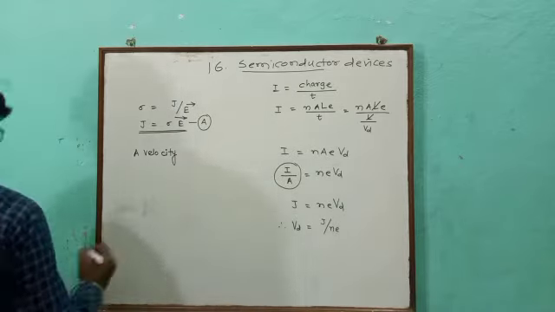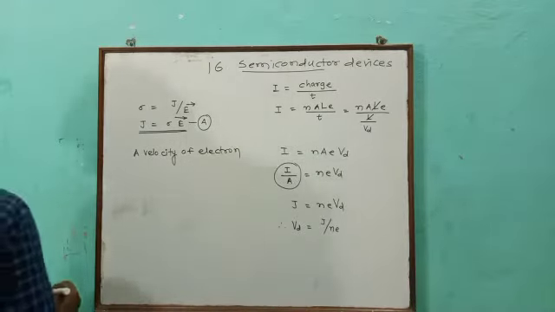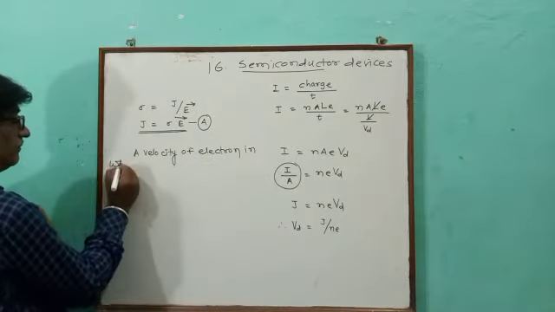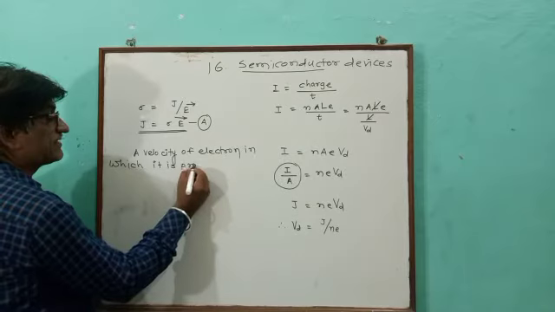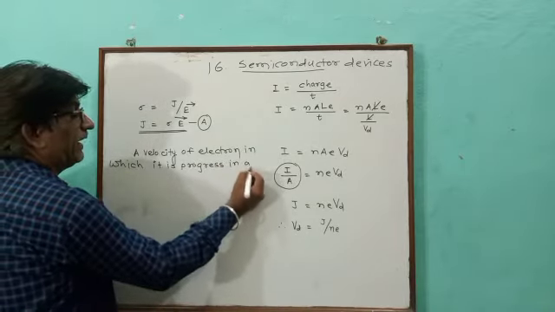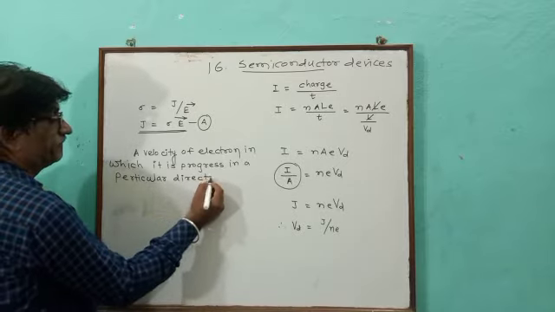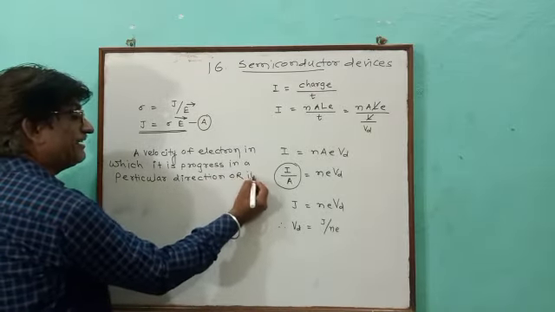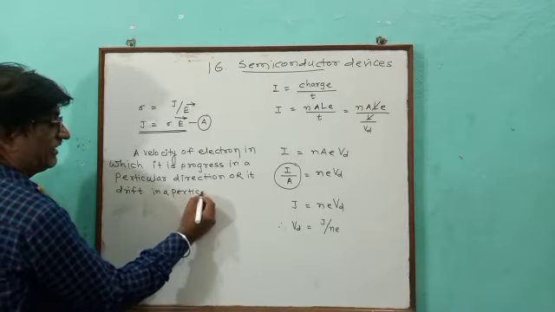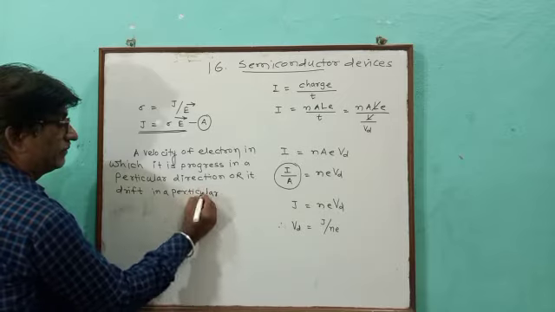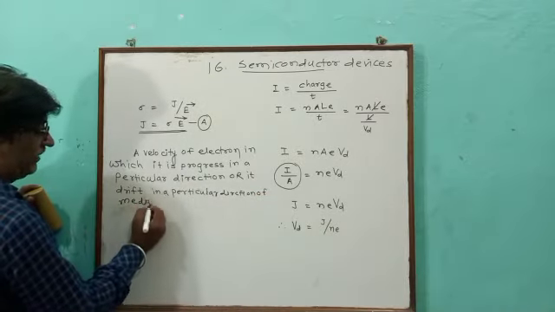A velocity of an electron in which it progresses, or drifts, in a particular direction of the medium is called drift velocity.